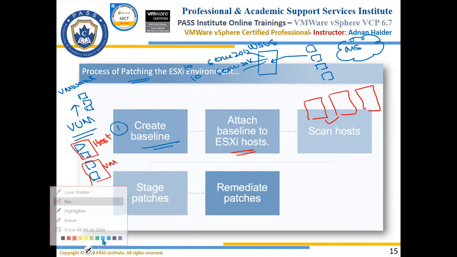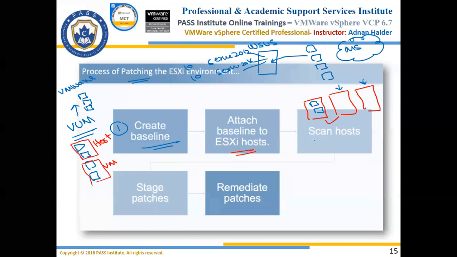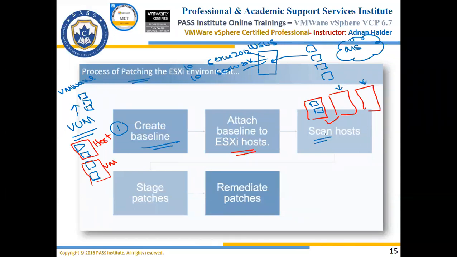This ESXi host doesn't need these 2 patches because you just patched them in the last half an hour. So this host will not be updated, and these 2 hosts will be selected for patches. The scan will find out how many hosts require these patches.